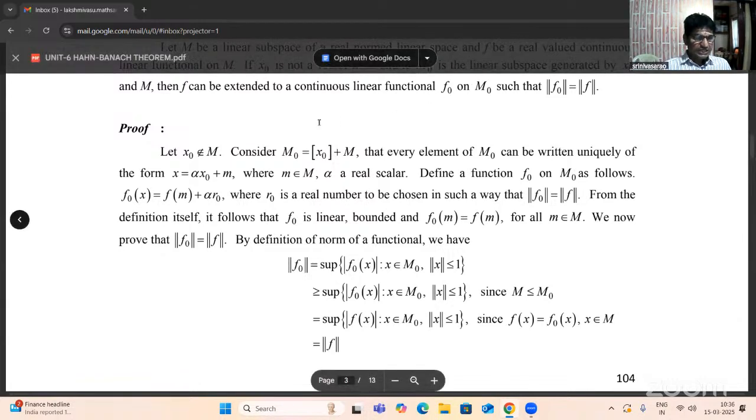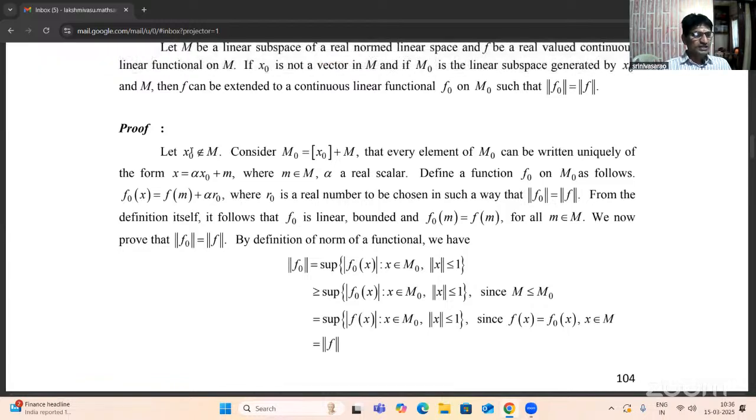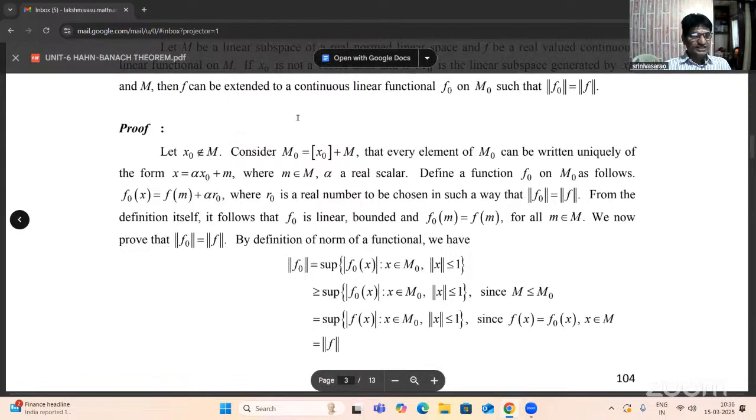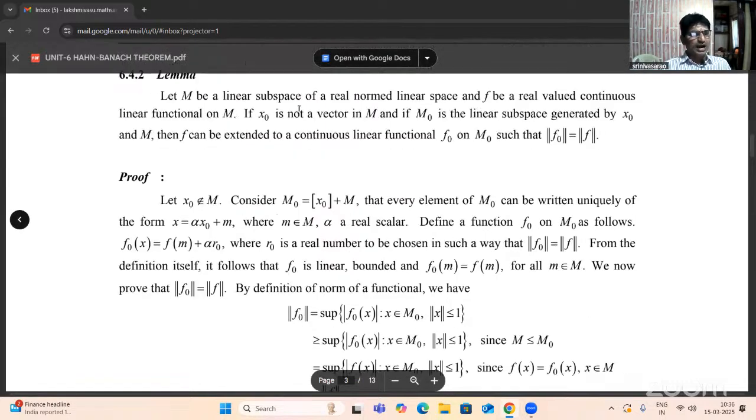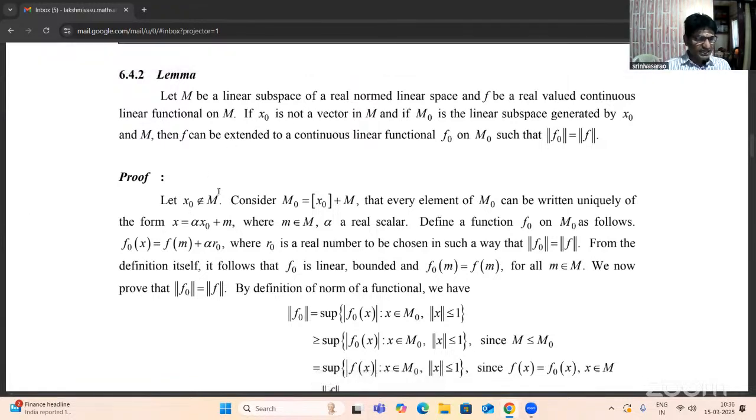First of all, we are taking x naught is not in M. Suppose x naught is not in M, so x naught is not a vector in M, and M naught is the linear subspace generated by x naught. Let our assumption be that capital M naught equals the linear subspace generated by x naught plus capital M. It reads as generated by x naught.